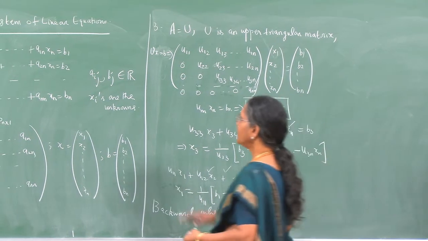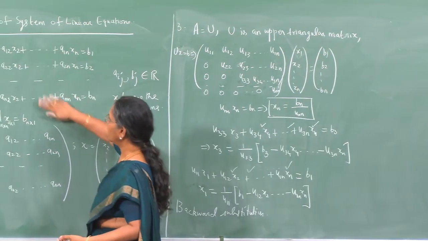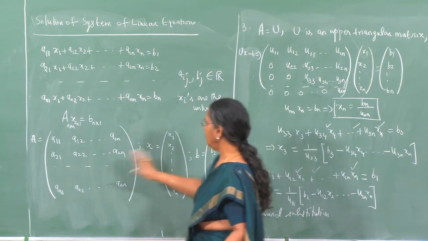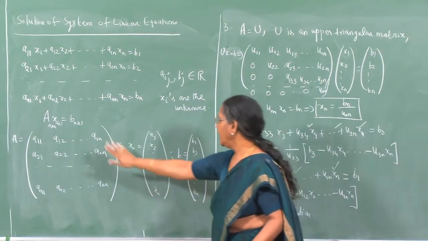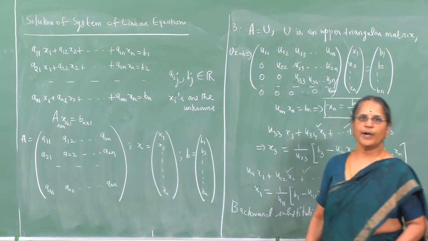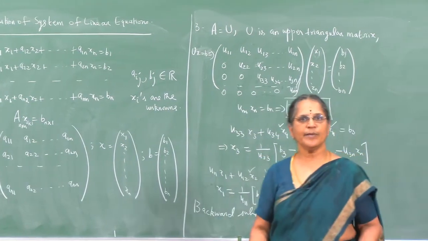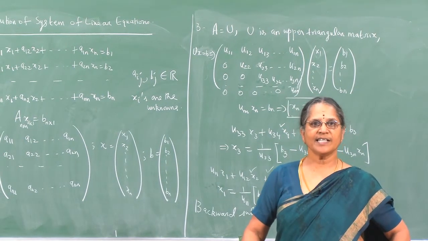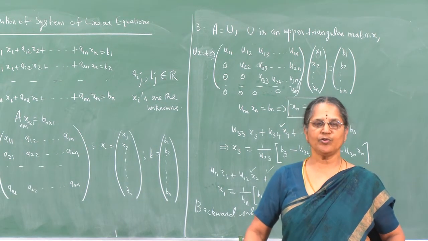So, our system is something like this. We have n equations in n unknowns which can be put in the matrix form, namely Ax is equal to b. So, while deriving such numerical algorithms, the elementary operations are very useful to us.